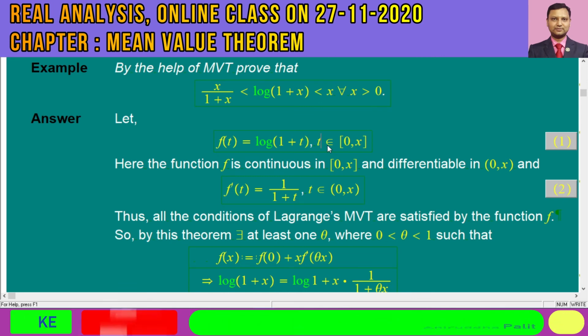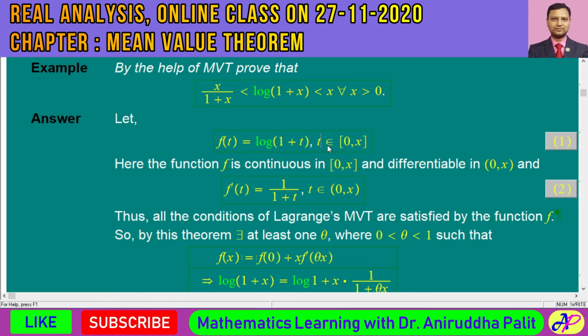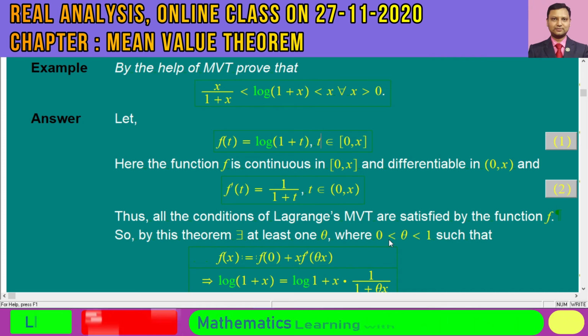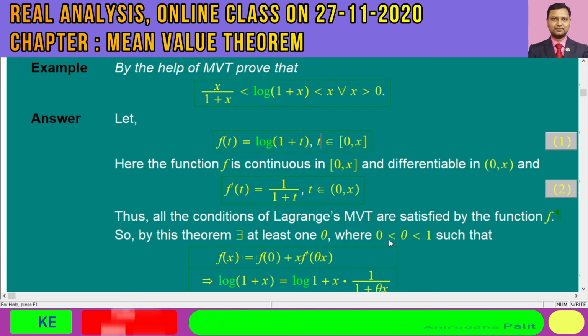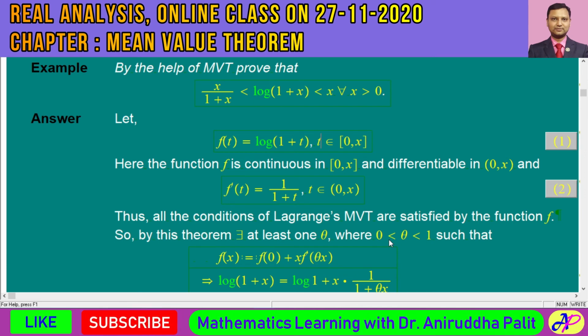In your book they directly apply the mean value theorem, but I have written all the proper logic, and in your exam you will have to discuss all this logic, because without it you would not get proper marks. So don't give the examiner any scope to cut your marks.